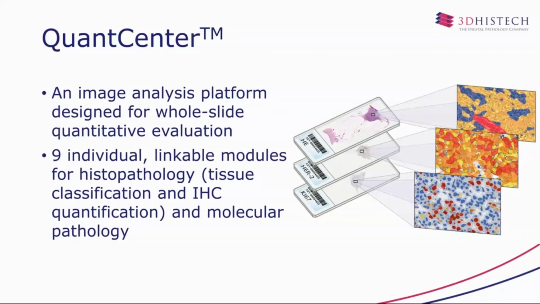And one of the unique selling points of this Quant Center is that the different modules can be linked together. For example, you can link together a tissue segmentation module with a nuclear quantification module. In this way, you can run the nuclear quantification only on the desired tissue type, for example.